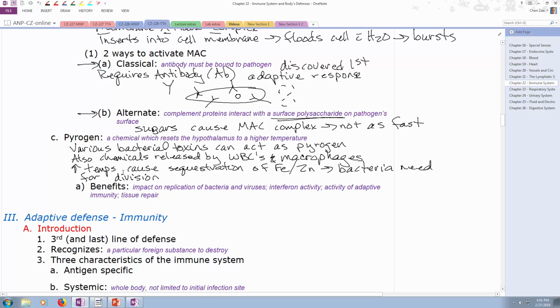Benefits. On replication of bacteria, a pyrogen will decrease bacterial replication, and on viruses, it will increase cellular activity so that we can have more interferons being produced and cellular metabolism is up.